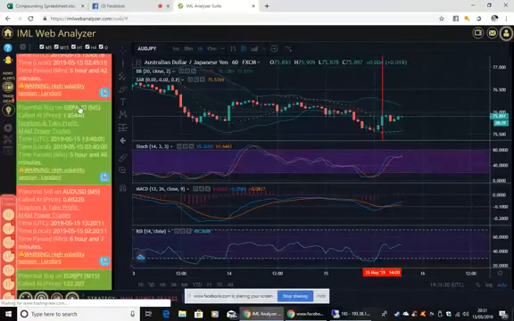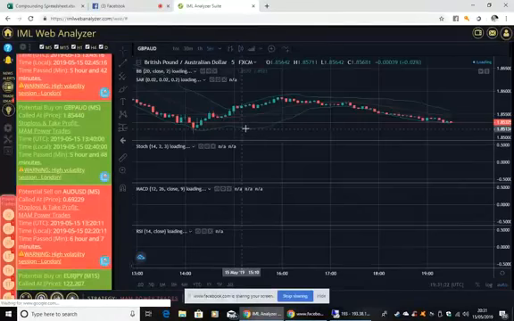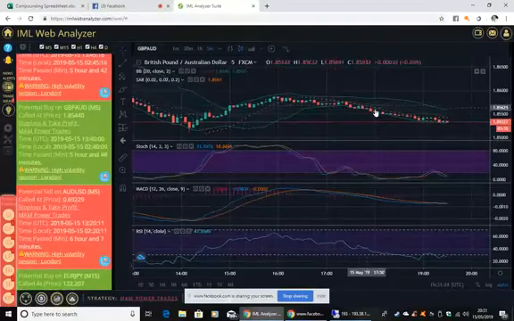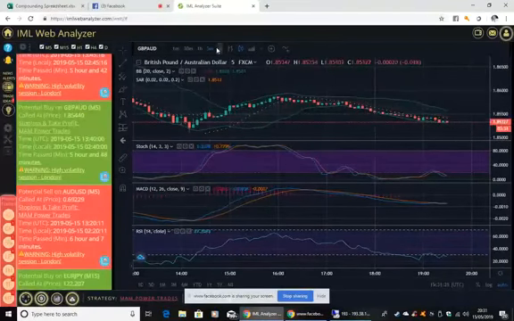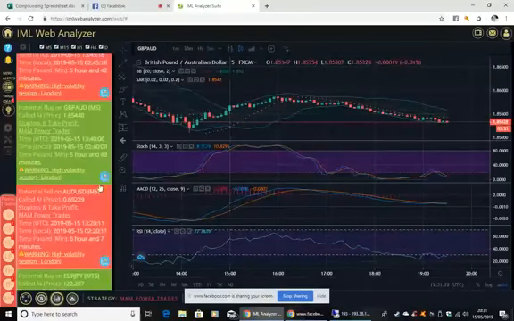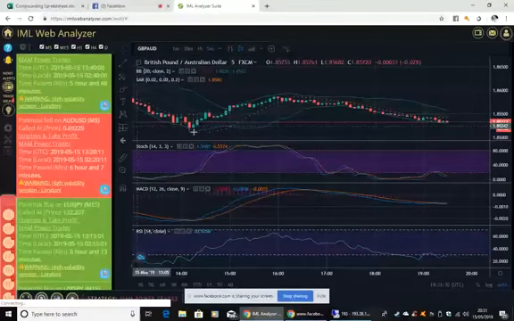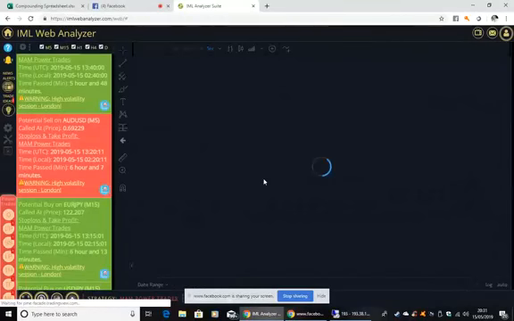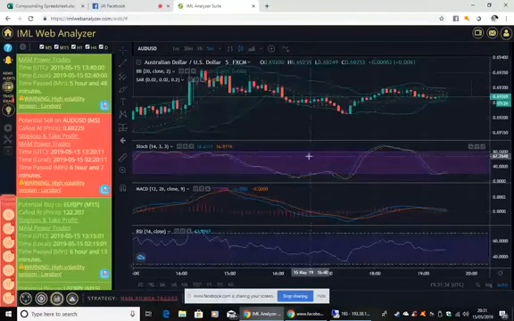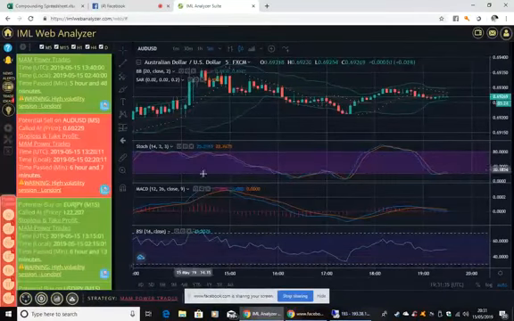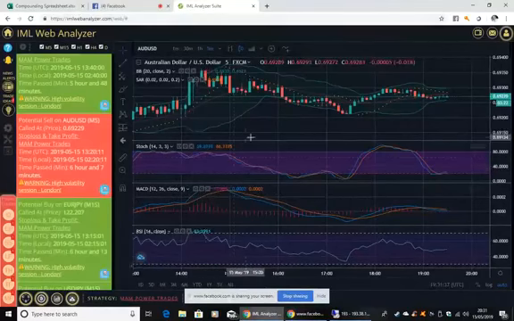GBP, again 2:02. A lot of consolidation there. This is on the 5 minute. AUD USD, 1:20. Scroll back on here.